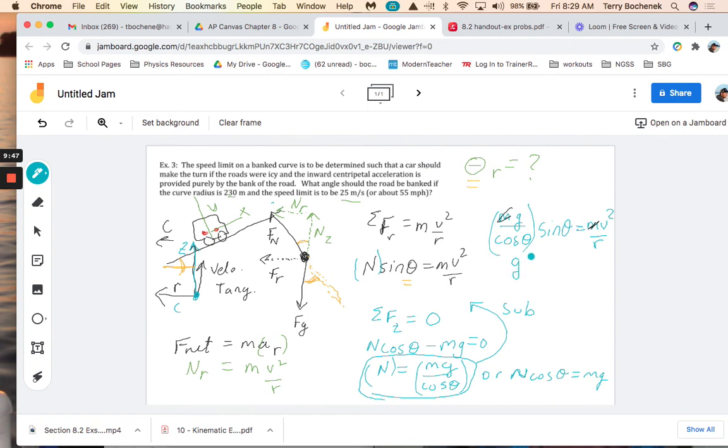So g tan theta equals v squared over r, and tan theta then is going to be v squared over rg.